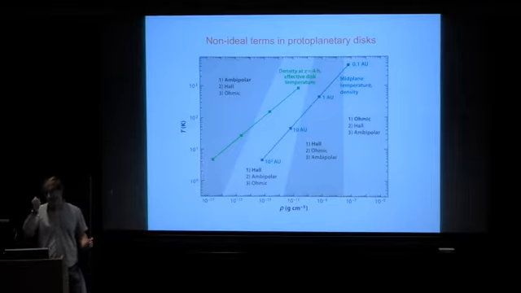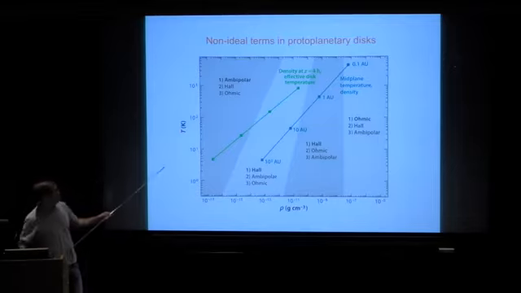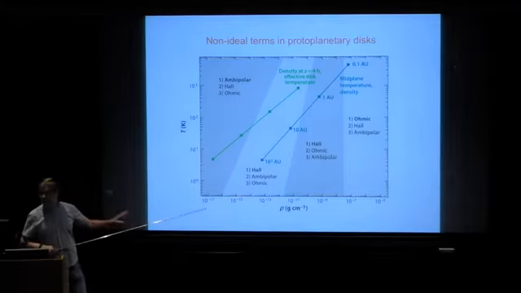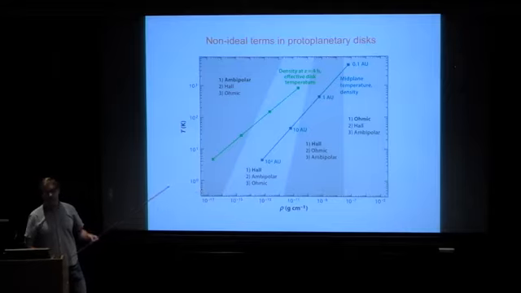So if you make the magnetic field much weaker, then you change the ordering of the terms. So really, one should be making a three-dimensional diagram here where you have temperature, density, and then a third axis of magnetic field strength. But here some assumption has been made about what the magnetic field strength actually is.